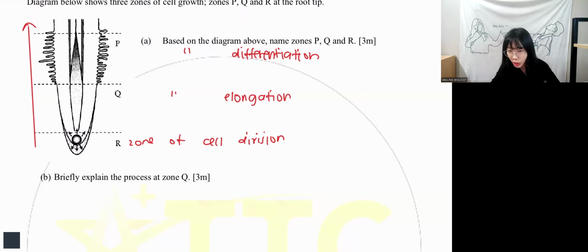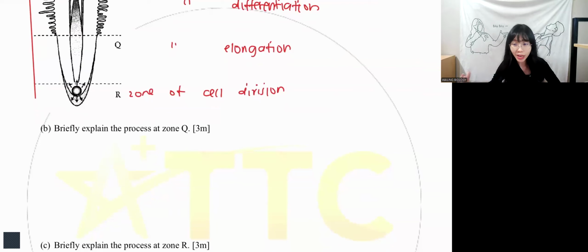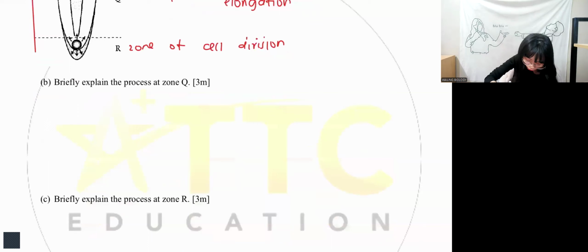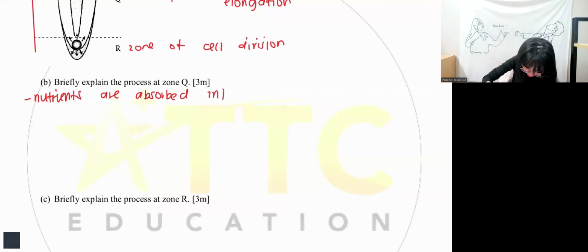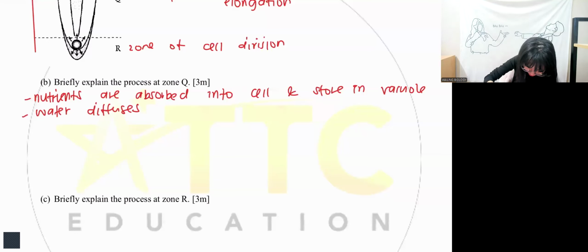So I know the question is only 3 marks. You can choose any 3 to write. But I will write 4 sentences because it's our first time writing. We will write 4 sentences here. So first, we're going to say, nutrients are absorbed into cell and stored in vacuole. Next, water diffuses into vacuole by osmosis.